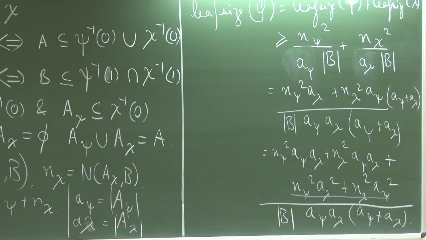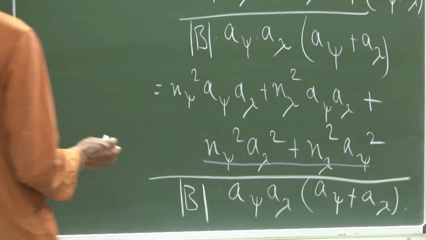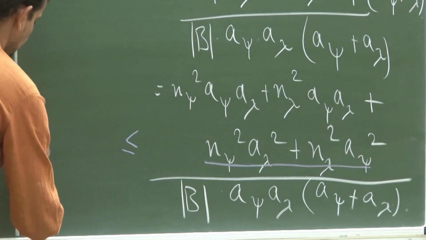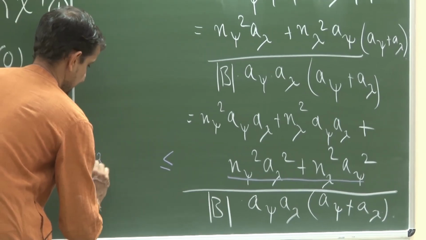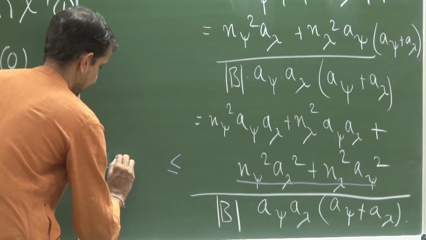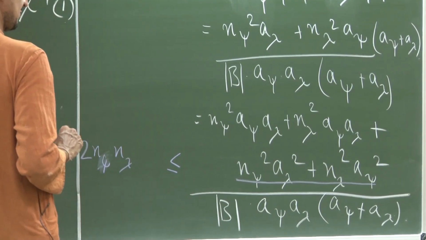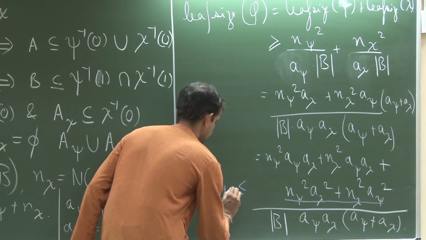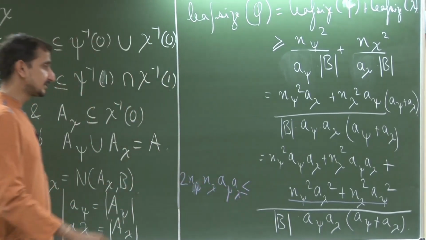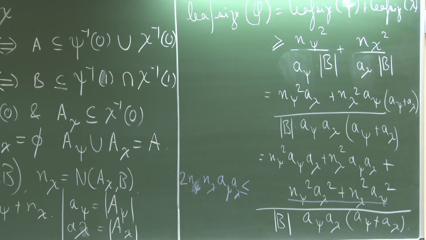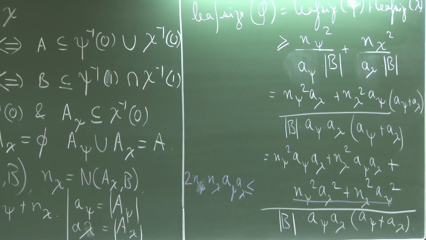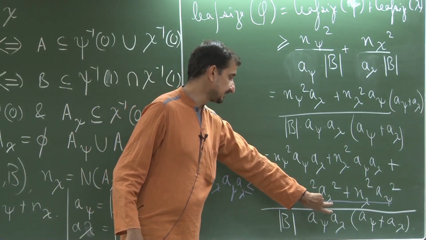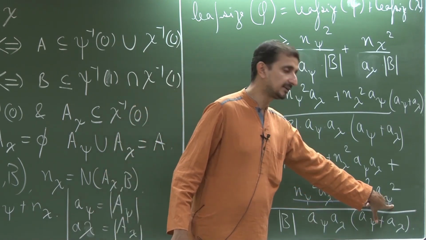What we can say is that this term is actually greater than or equal to twice n_psi n_chi a_psi a_chi. How does this hold? Exactly. So, I can take this as, let us say, a term x, and I consider this as my term y.